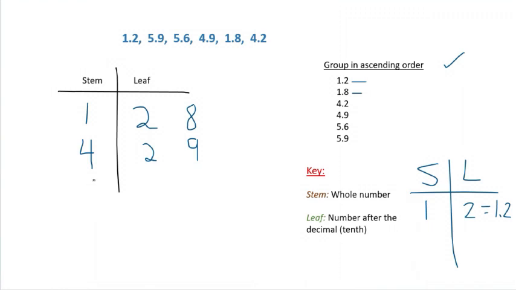And then the last stem number would be 5, and we would have 6 and 9. And those correspond to our numbers over here. So that's how you can do numbers that have a decimal. Again, the important part is to have a key that explains what the stem and leaf represent.